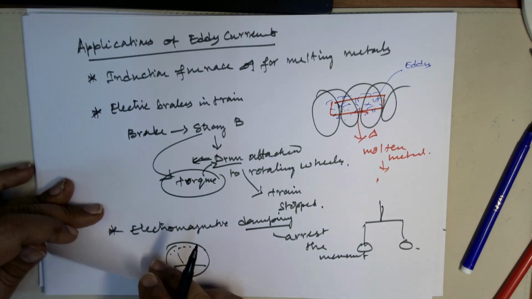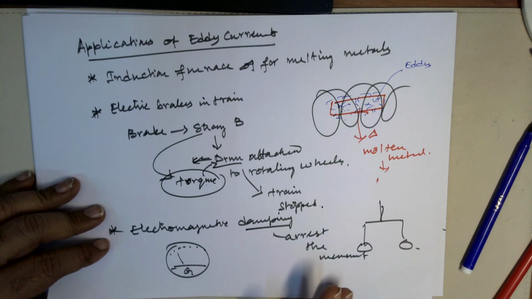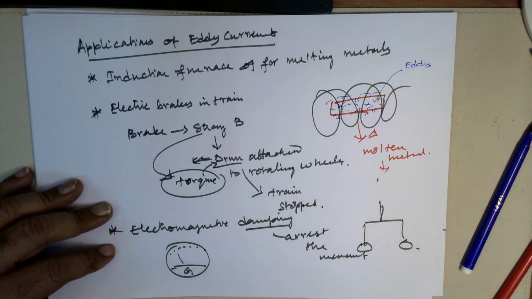The galvanometer rotates due to the current flowing through it, and the eddy currents are set up in the metallic core. The eddy currents are of opposite nature, so the rotation of the coil can be arrested.